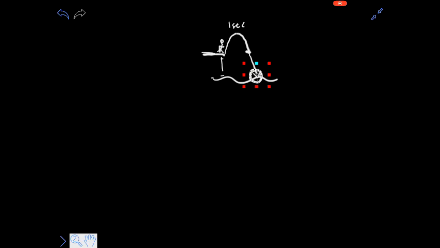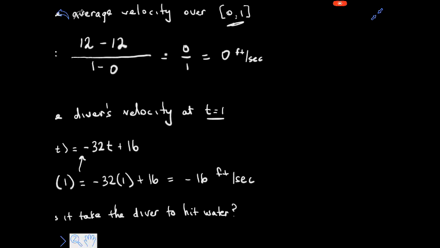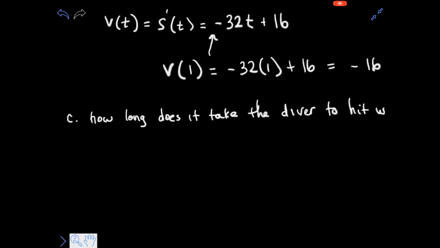The position of the diver when it hits the water is 0, because the diver is 0 feet off the water. So essentially what we're trying to answer here is, when does the diver's position equal 0?